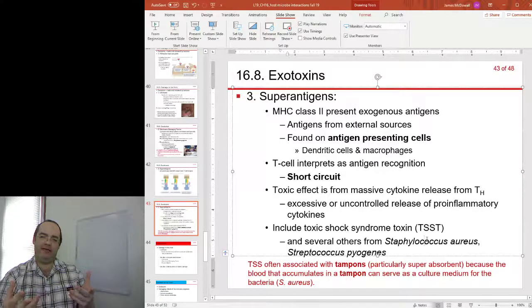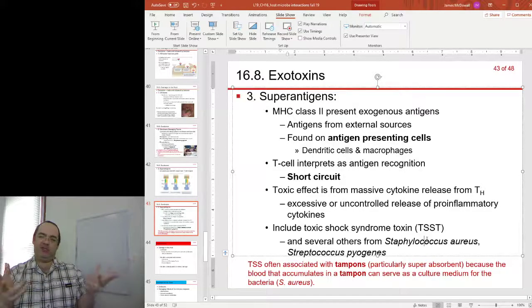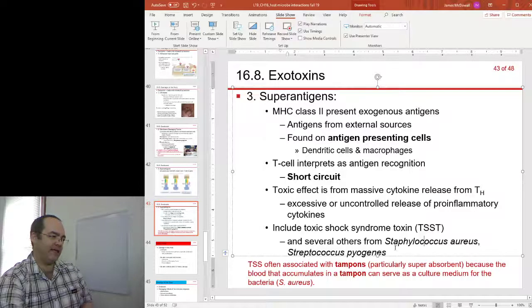They grow in the tampon and then they release their toxin. The toxin then causes a massive systemic response, often called a cytokine storm, just because of the severity and size of the cytokine release.